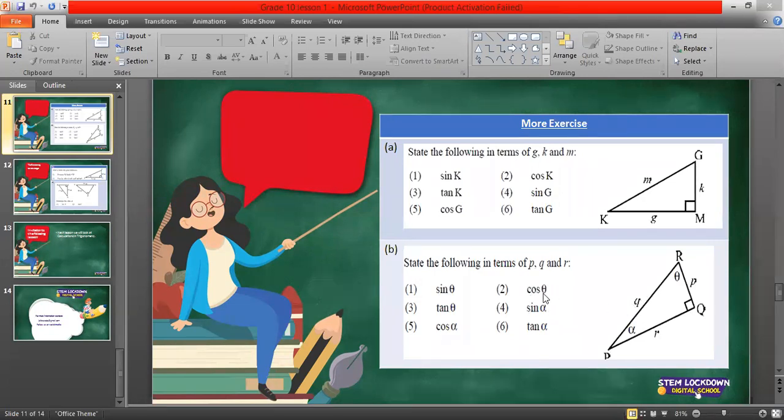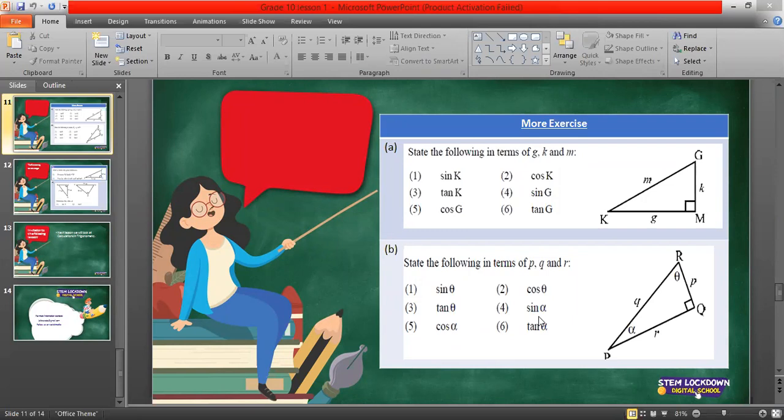Our cos theta will be adjacent over hypotenuse, adjacent being p and hypotenuse q, so p over q. And tan theta is opposite over adjacent: r over p.